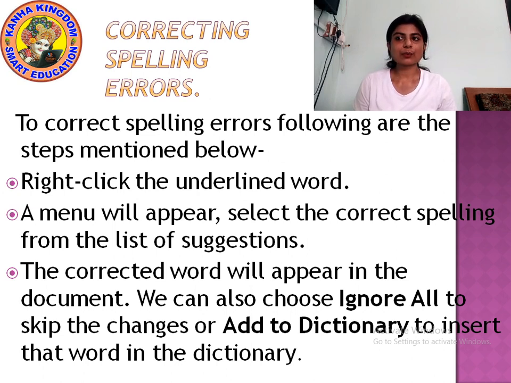If you want to ignore that word, you can choose Ignore All, or you can choose Add to Dictionary to insert that word in the computer dictionary, so that later if you type that word, it will not be shown as a misspelling. The computer will not show any error in that spelling.